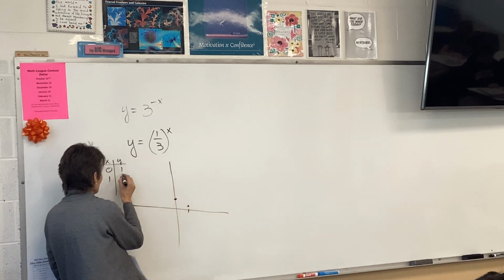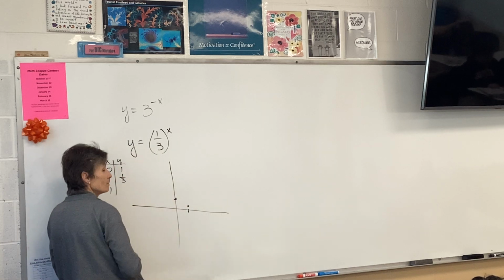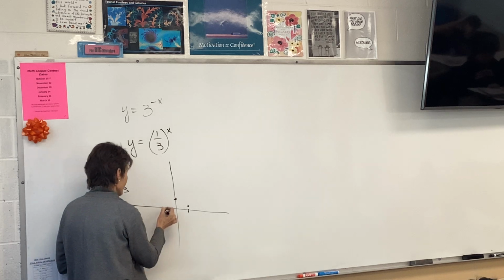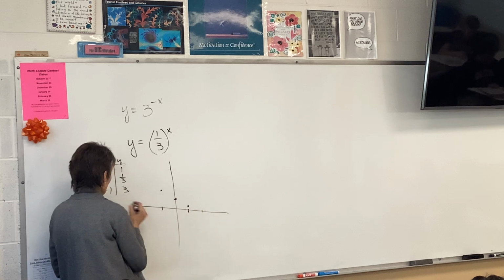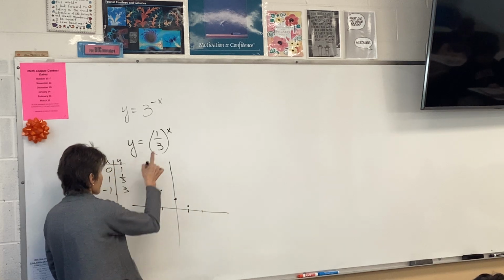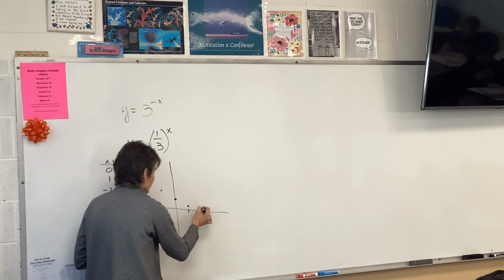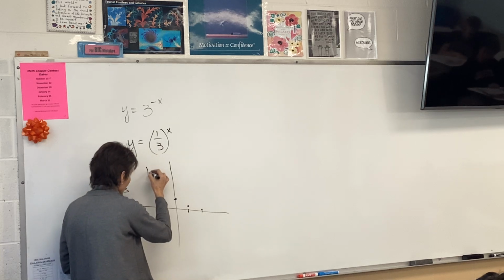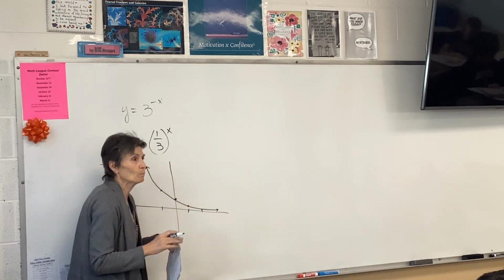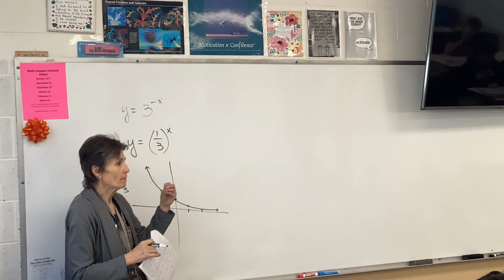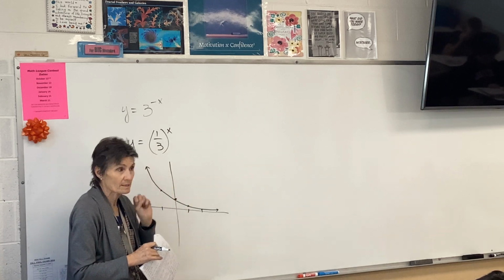What happens if I let x be negative 1? I get 3. Are you starting to see? I'll do another one. What happens if I put in 2? 1/9. And so my curve looks like this, which is what we thought it would look like, but we were told to plot some points, so that's what I did.